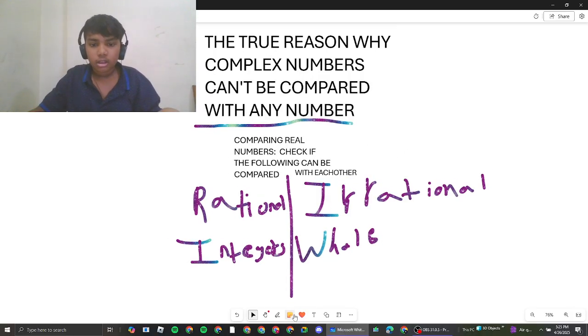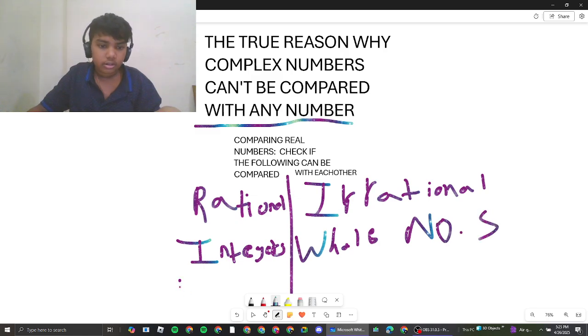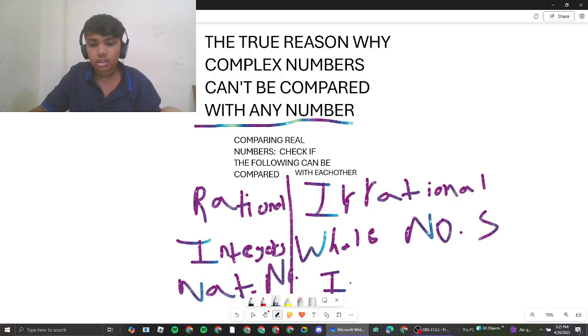So this is whole numbers, and these are, let's write, natural numbers and irrational numbers. These are a list of numbers I gave, and you have to see whether they can be compared.